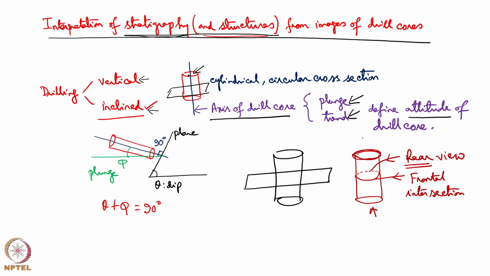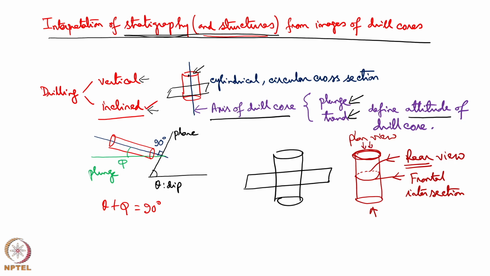From the plan view, this looks like a circular cross section. Now this circular cross section or the circular appearance in the vertical drill core will guarantee that the plane that intersected is horizontal.